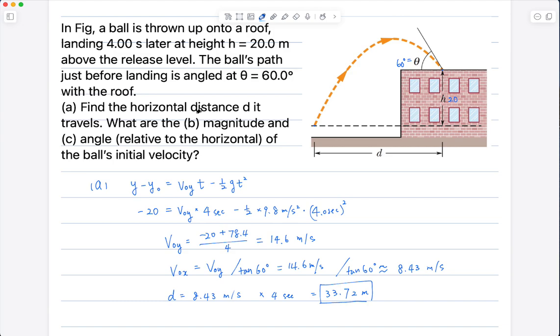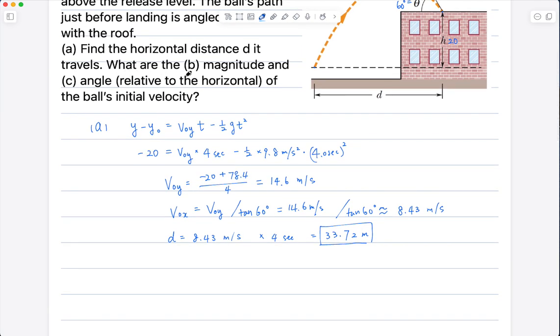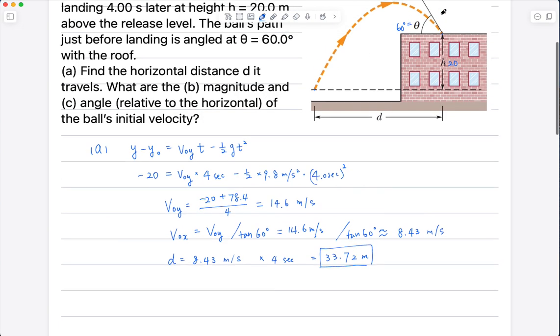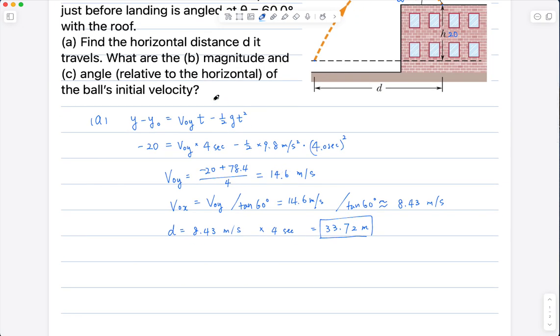Now we continue working on the second question: find the magnitude and the angle of the ball's initial velocity. For us, because we're thinking in time reverse, what they call the initial velocity is the final velocity at the landing point. So we need to calculate the magnitude first.